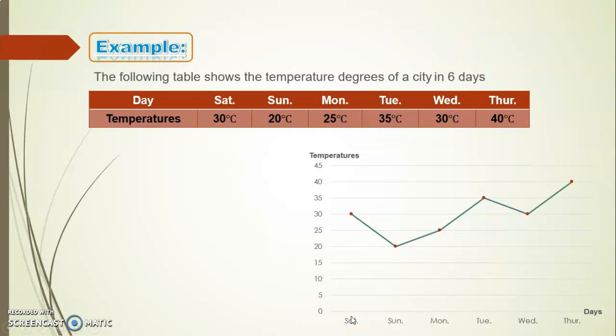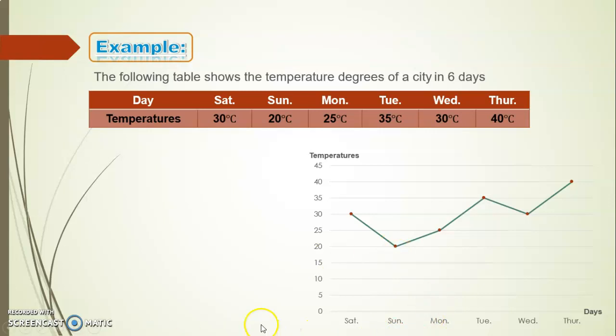The first day is Saturday. As we did in the bar line graph or the column graph, I go up, stop at 30 as on the table, and I'll make a dot. Then Sunday I have 20. Go up on Sunday, stop at 20 and make a dot.